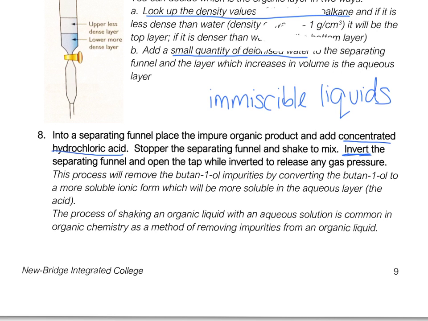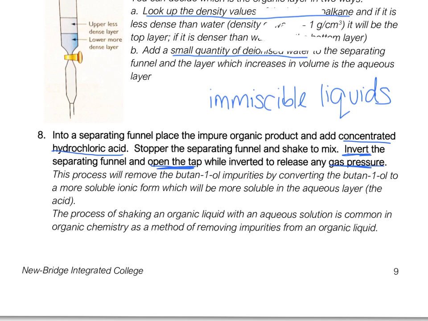We turn the separating funnel upside down continuously, and every so often it's important to open the tap to release any gas pressure. But it's important to open the tap when it's upside down so that our liquids don't run out. So when you've got it inverted, open the tap every now and again to release your gas pressure.